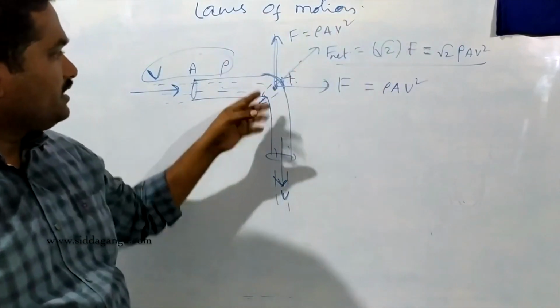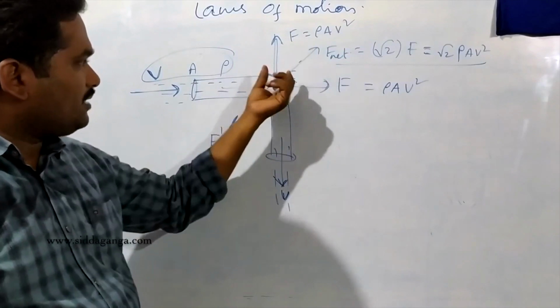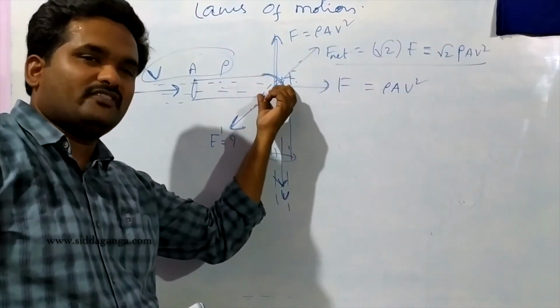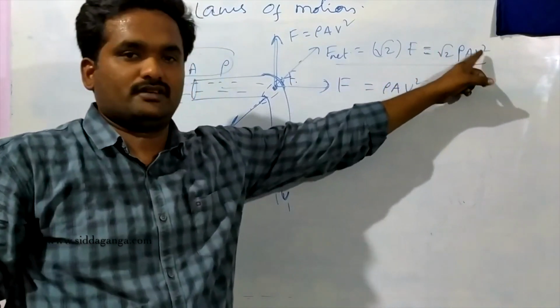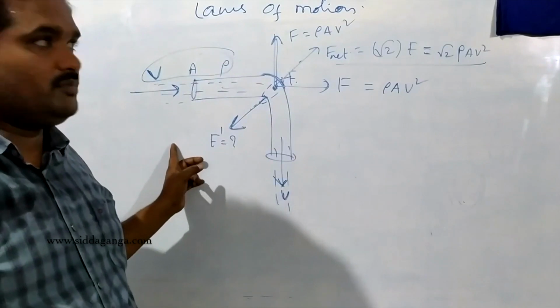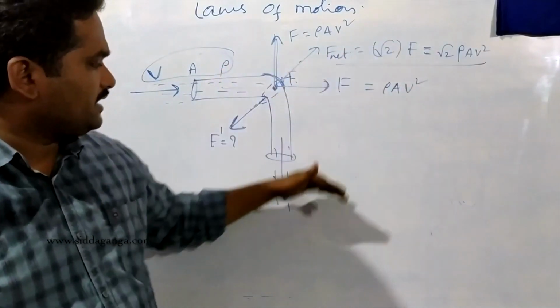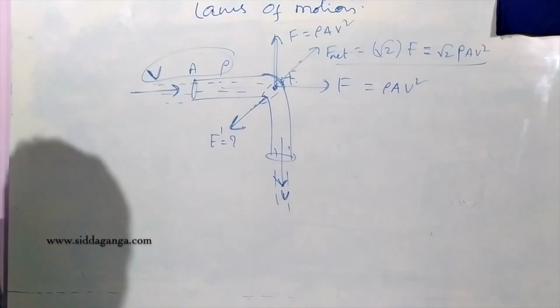So not to make it move, not to let it go, the clamp which is going to be fitted here has to withstand a force of root 2 times rho A V square. So that's this one particular typical numerical which you have to remember. One of the applications related to this kind of problems you have to remember. So just make a small note of it.